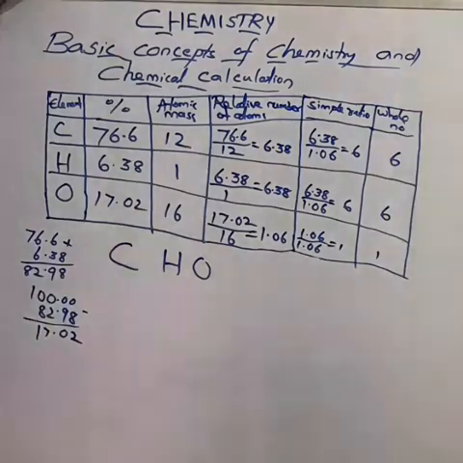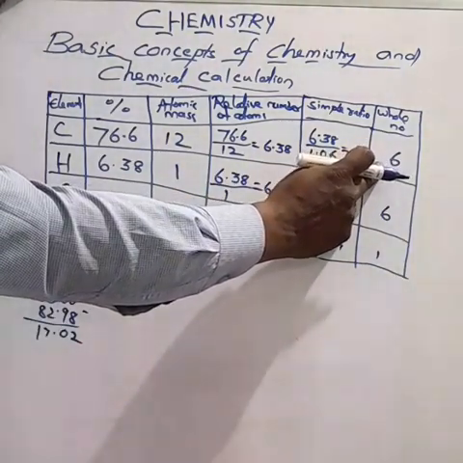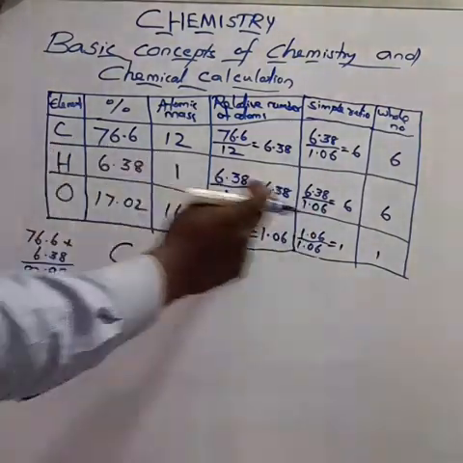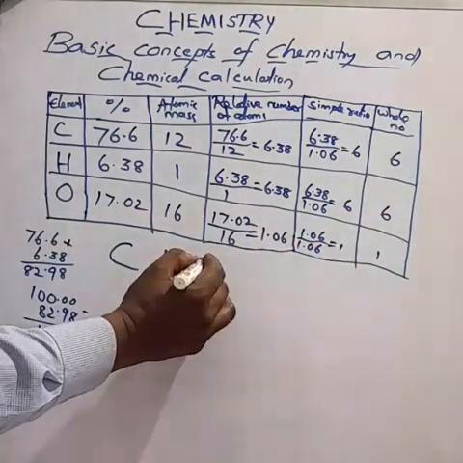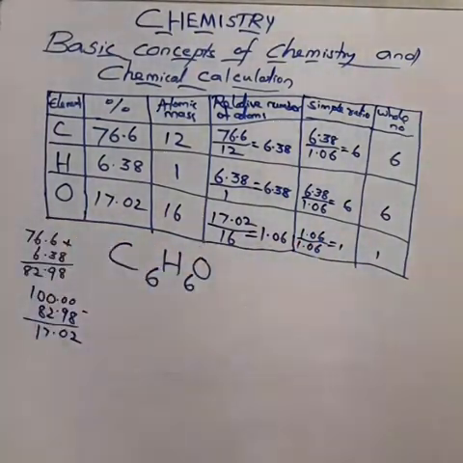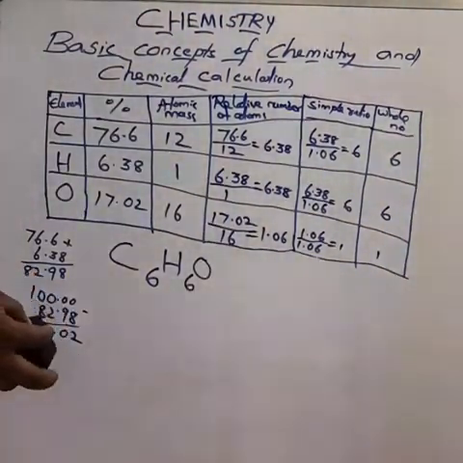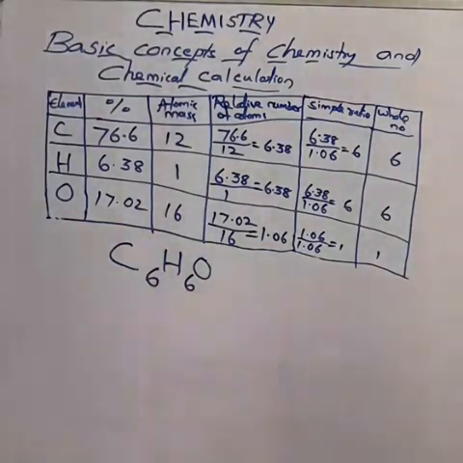Three elements. How much carbon do we get? The whole number is 6, so we write C6. Hydrogen, how much? 6. C6, H6, oxygen 1. So what is our formula? C6H6O. So what is the empirical formula here? The empirical formula is equal to C6H6O.